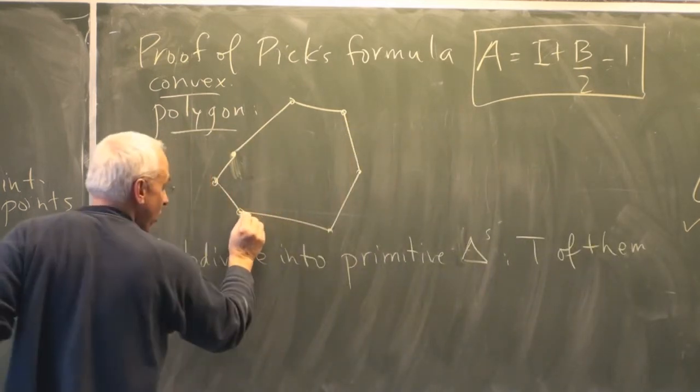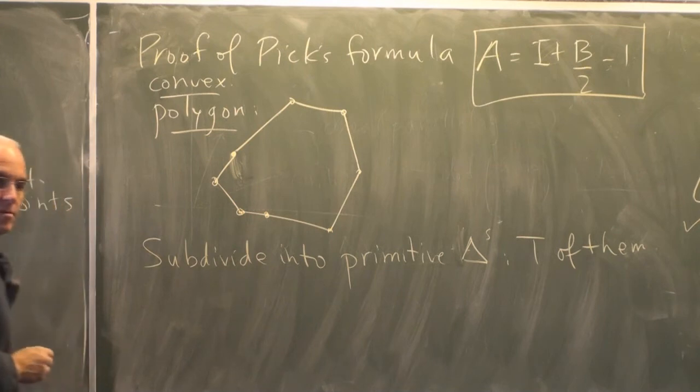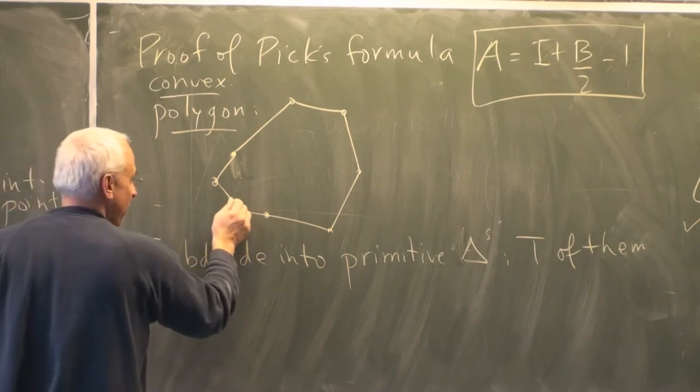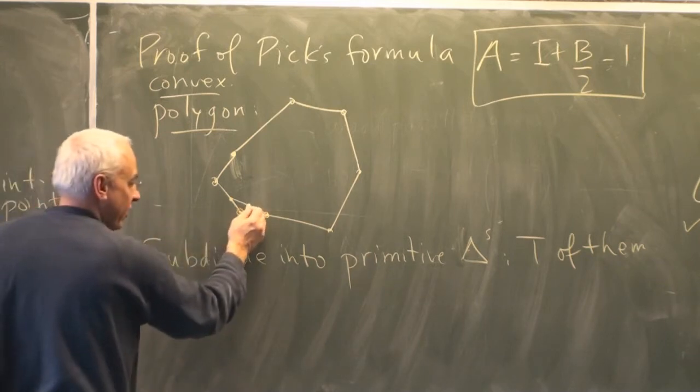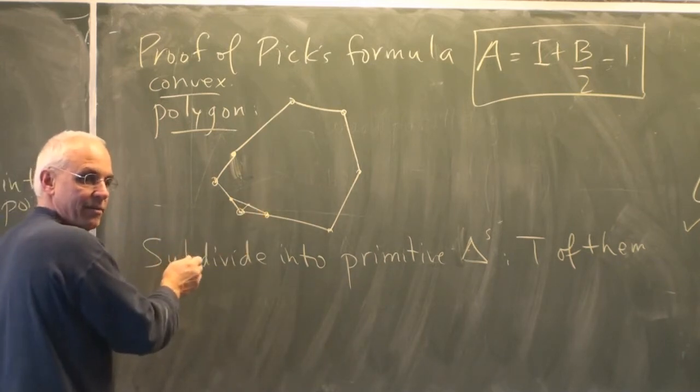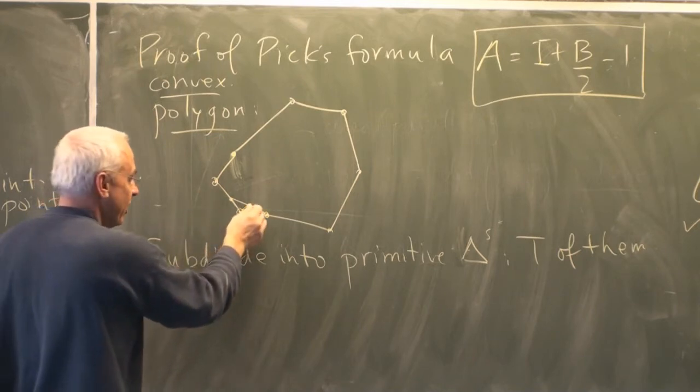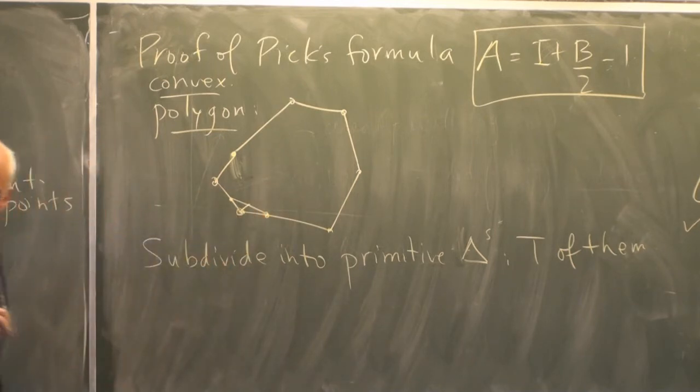Whenever we go along here, we find a point on the boundary, we can just, there's a primitive triangle. If there's something else inside there, well, then we have to keep subdividing whatever we've got using the integer points only until we can't subdivide anything further. So we have T primitive triangles.